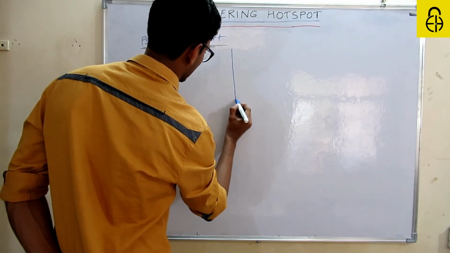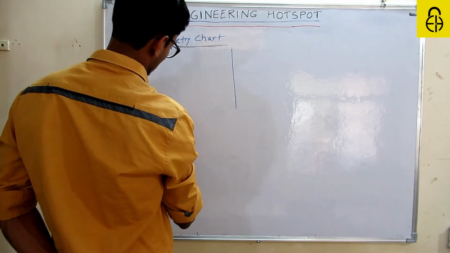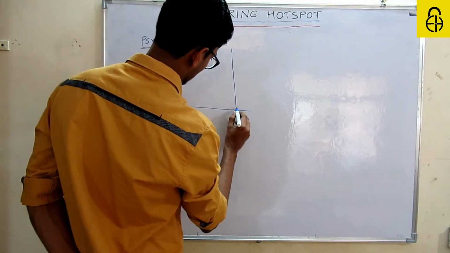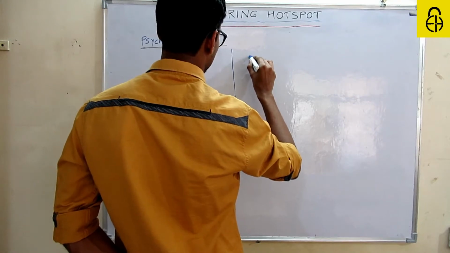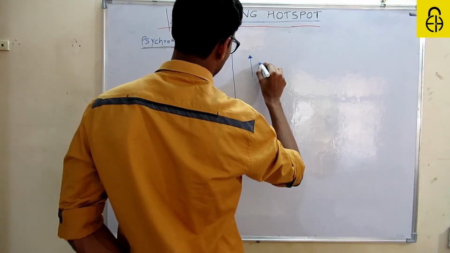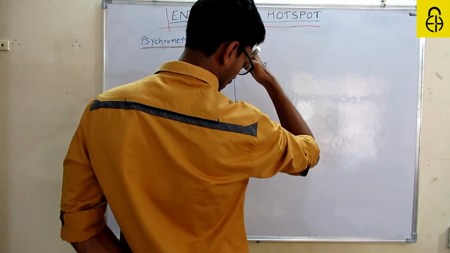What is a psychrometric chart? On the y-axis there will be omega. What is omega? Humidity ratio.